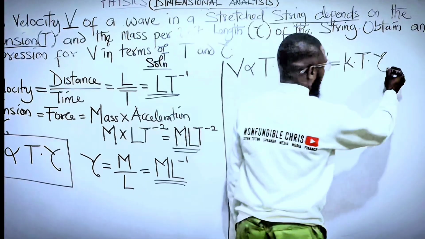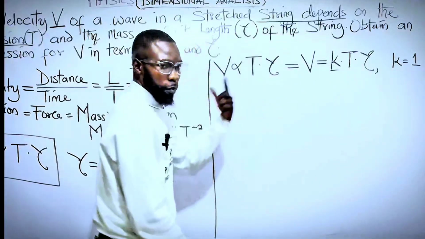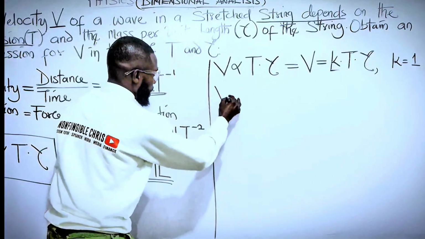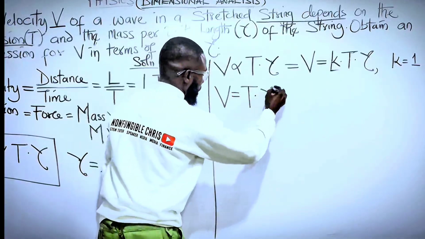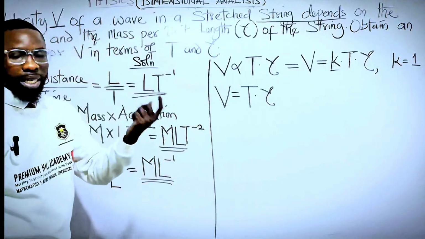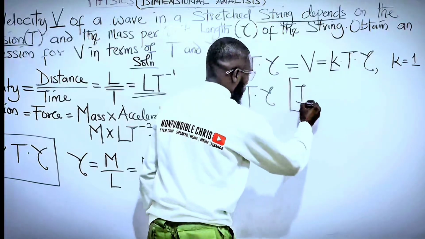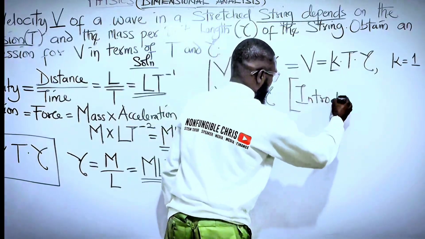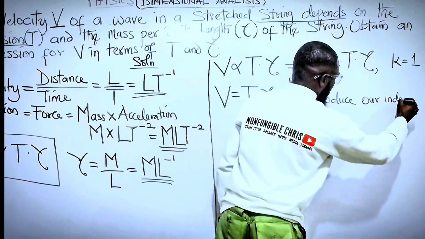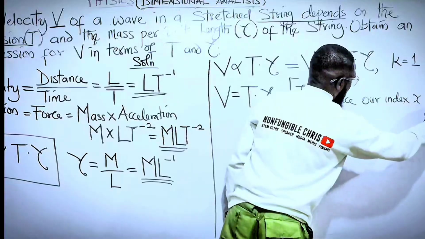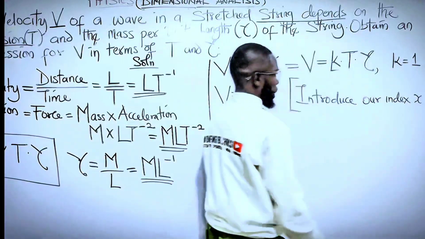But then let k be equal to 1, so we can remove this first. If we do that, we're going to have that v is equal to T times gamma. That's the first thing. And then next, we put our indices, right? We introduce our indices x and y.